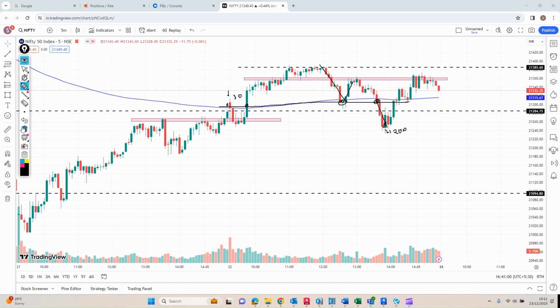So I was not able to capture this entire momentum premium gain, but I squared off at this point itself in this candle, wherein I thought Nifty would take the support and go on a sideways momentum, but there was a huge crackdown.